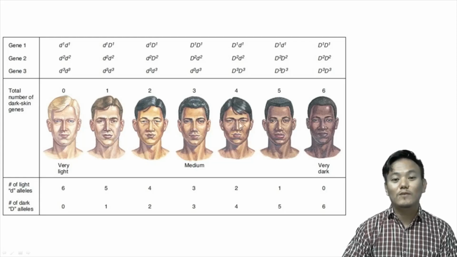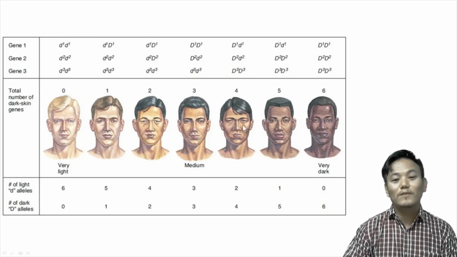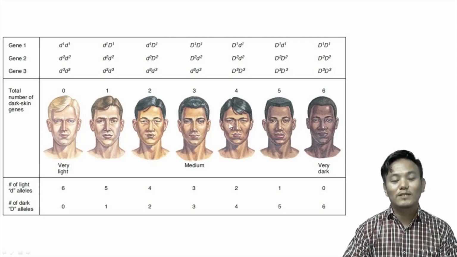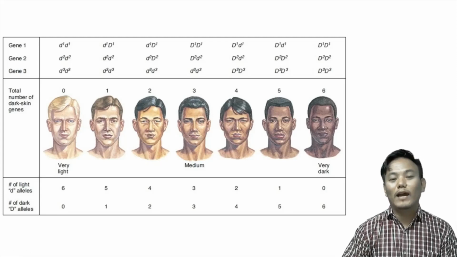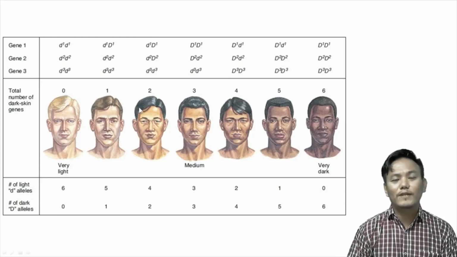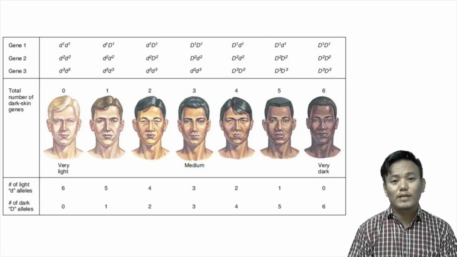So your skin color will be darker. So here the sun is playing a role in your skin coloration, and the same goes with diet for human height. Even though you have dominant alleles for good height, if you don't get proper nutrition, then you will have shorter stature. Your height will be less. So that is the effect of environment on the phenotypes.